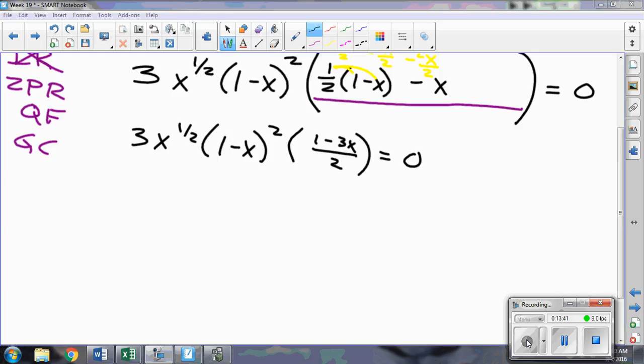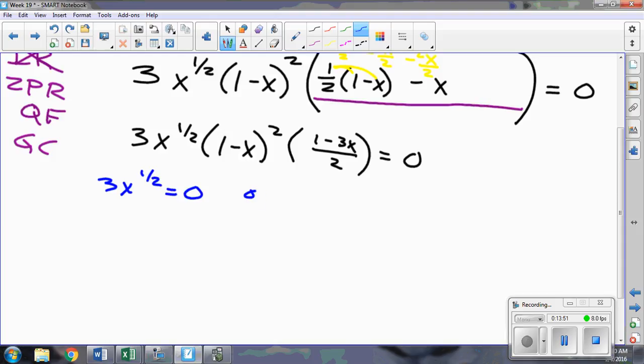All right, so now that we've set up the zero product rule, we can start applying it. We'd have 3x to the 1/2 is equal to 0, or 1 minus x quantity squared equals 0, or 1 minus 3x over 2 equals 0.